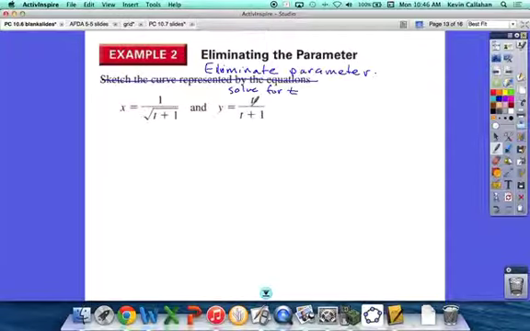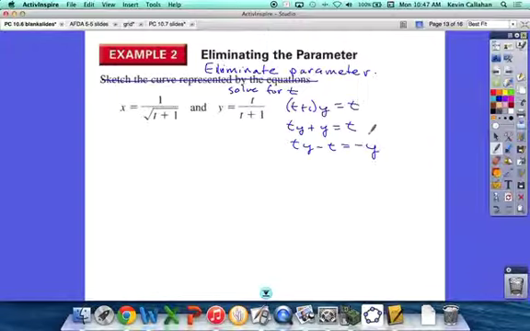So this is going to look like t plus 1 times y equals t, means ty plus y equals t, which means ty minus t equals negative y. So I subtracted the t to this side, I subtracted the y to that side.